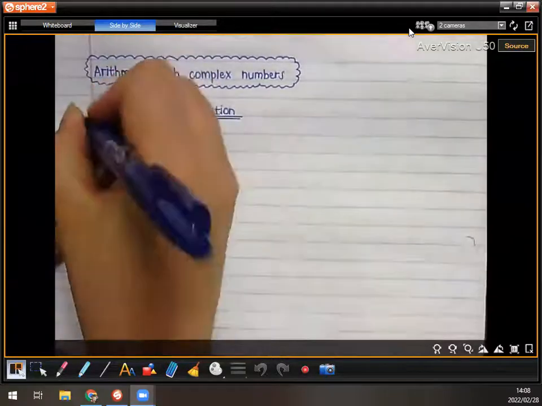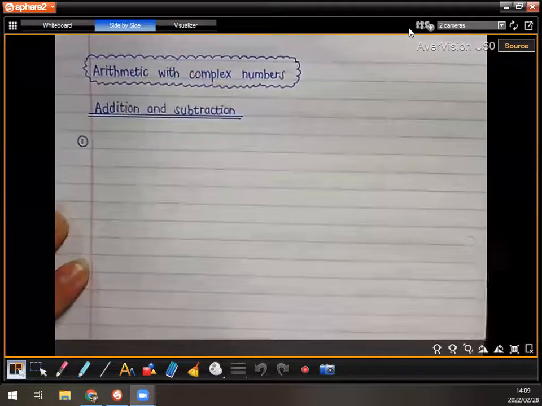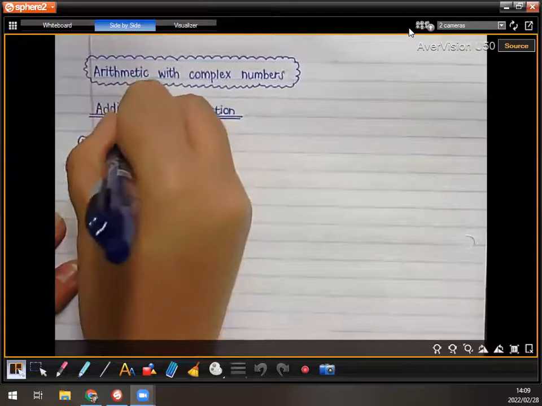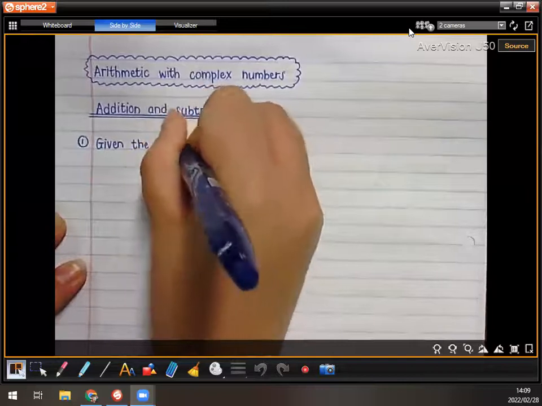Okay guys, we're actually just going to do some examples. It's pretty straightforward. Write all the information down, given the complex numbers.